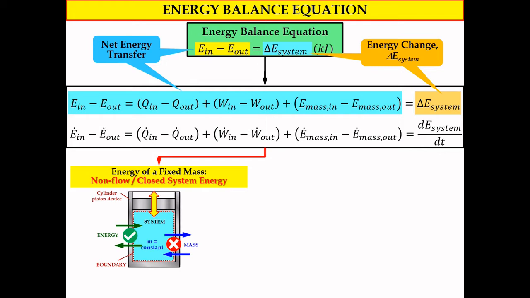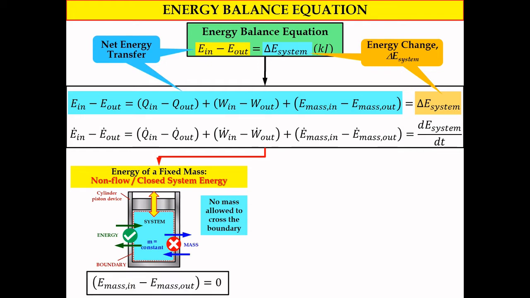However, it only allows energy transfer across the boundary of the system. So no mass is allowed to cross the boundary for the closed system. For this case, the term E mass in minus E mass out will be equal to 0.